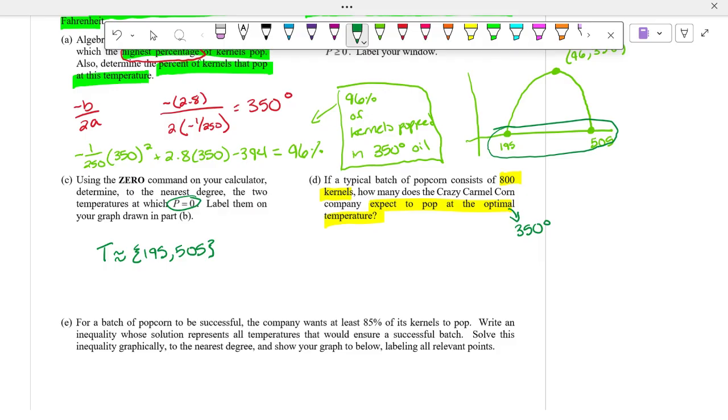So how do I figure out how many kernels actually get popped? 800 times 0.96, which would give you 768 kernels. So they're saying about 768 kernels will pop if it's at the optimal temperature.